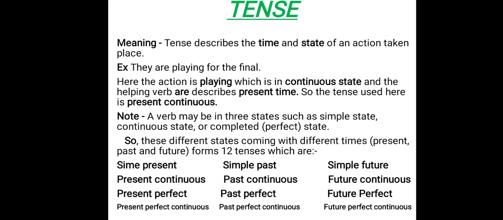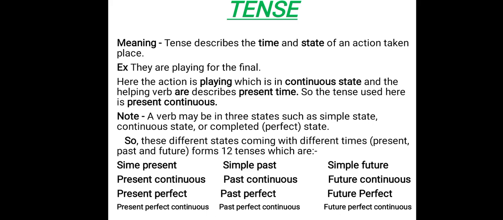And when they are combined with different times, which are present, past and future, they form tenses. Like when the simple state comes with present time, it forms simple present. When continuous state comes with it, it forms present continuous. Similarly, present perfect and present perfect continuous. In the past time as well, it forms simple past tense, past continuous tense, past perfect tense, and past perfect continuous tense.